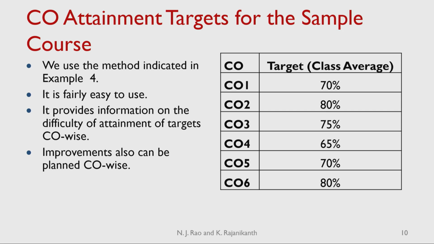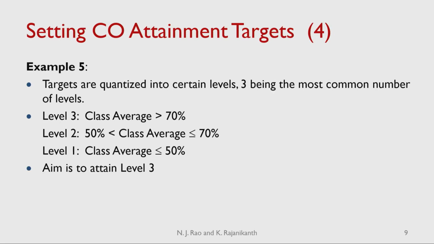If the institutes have such an IQAC, the IQAC can assume the responsibility for specifying the common standard to be adopted in all the courses. It is important that one single method is followed across the institute. 2 popular methods are the method shown in example 4 here and the method of quantizing the targets.